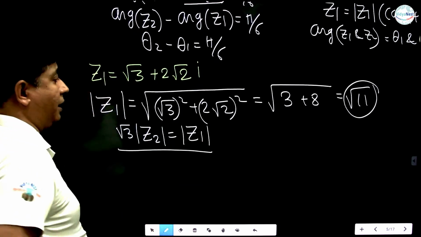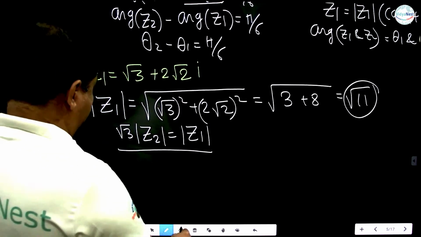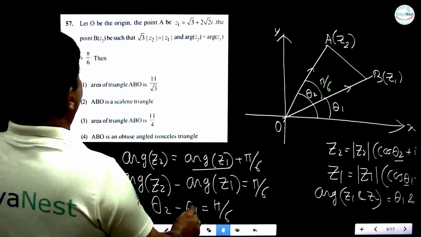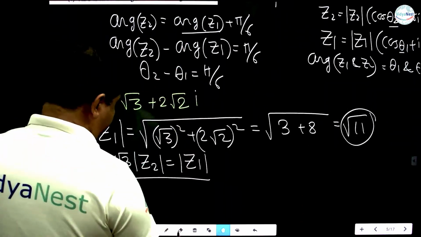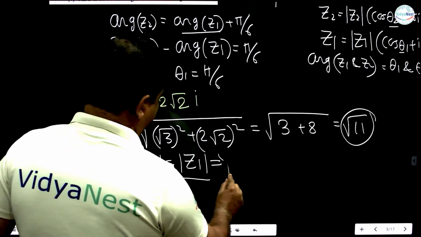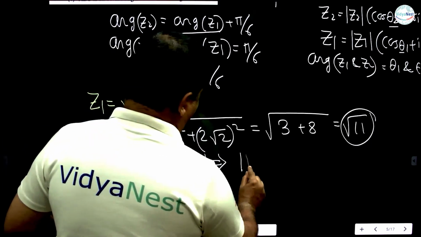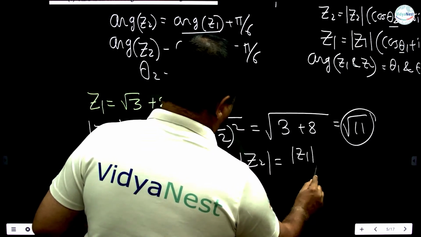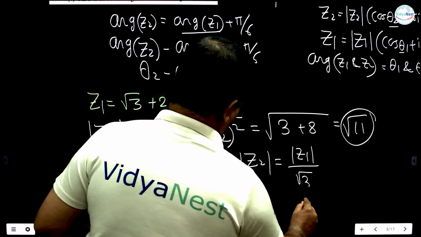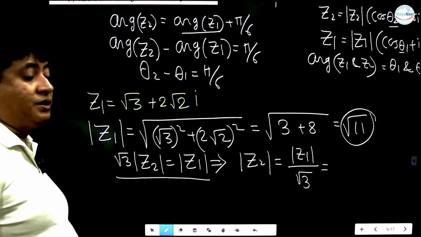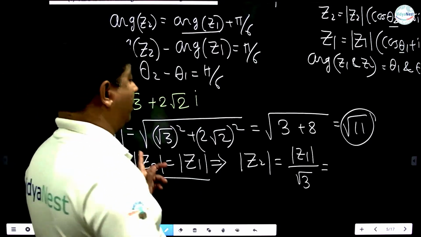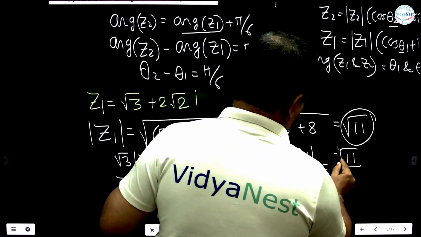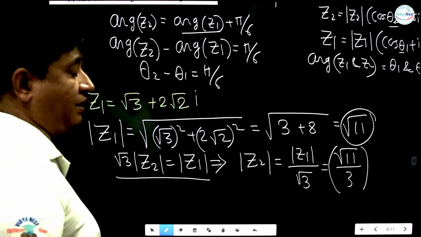This result is also given, √3 Z2 = Z1. So from here what will mod Z2 be? Mod Z1 by √3. Mod Z1 is given what? √11/3.